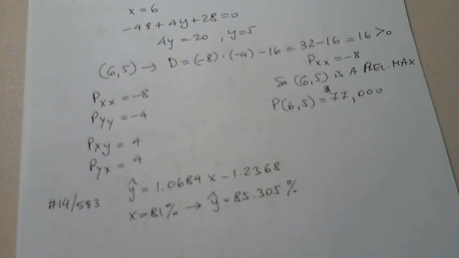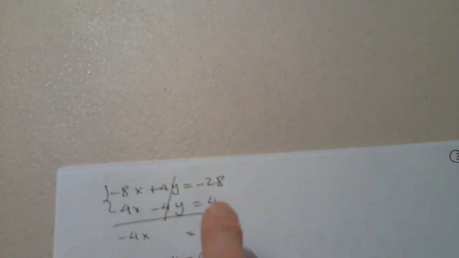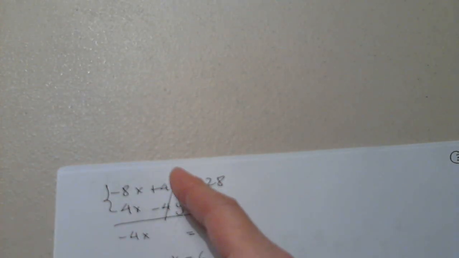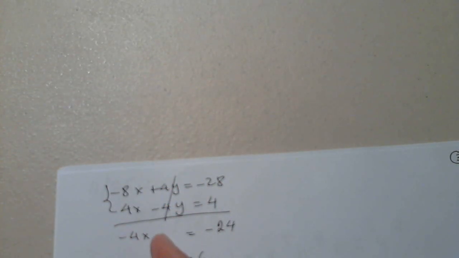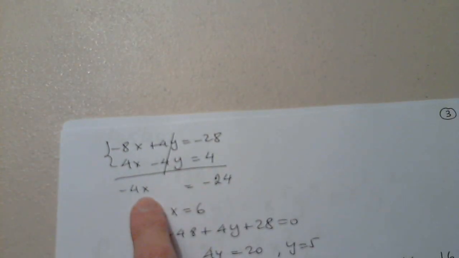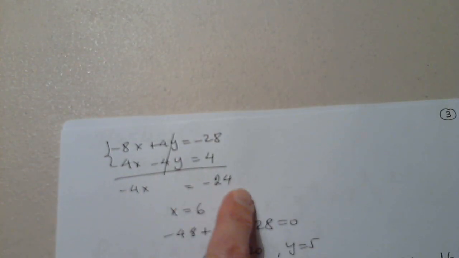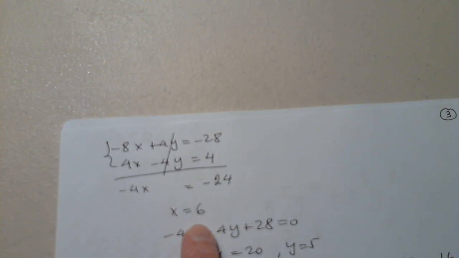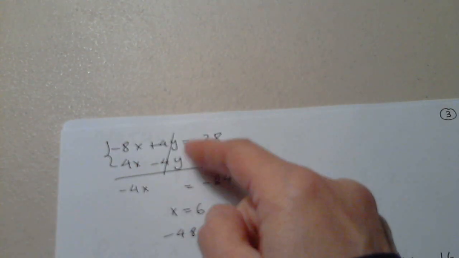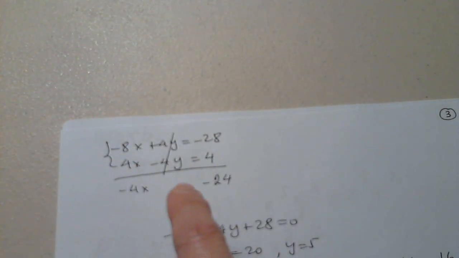Okay, so once I moved 28 to the other side and 4 to the other side, I simply added the equations because I realized that y will go away. So then -4x equals -24. I divided both sides by -4 and I got 6. I have to go back to any of these equations and replace x by 6 to get y. And I got that y equals 5. So the ordered pair is 6, 5.